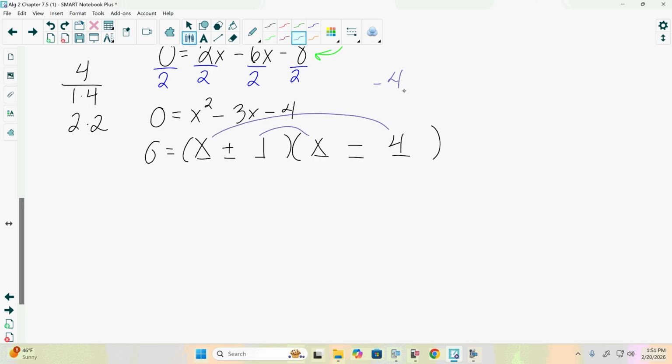If I checked it for the middle term, x times negative 4 is negative 4x. 1 times x is positive x. Negative 4x plus x is negative 3x. That's the middle term we wanted, yes? So we do have 2 things multiplied together to equal 0, so one of these 2 has to be 0.